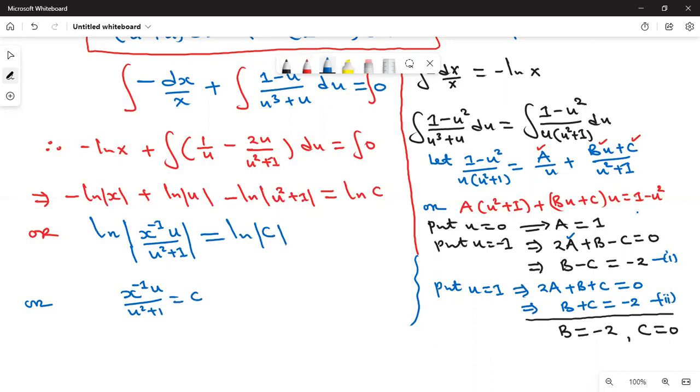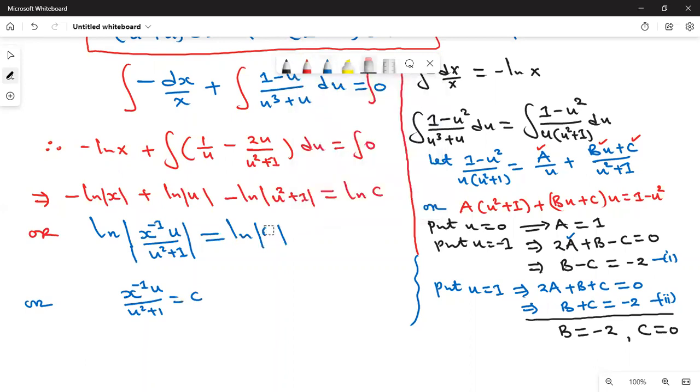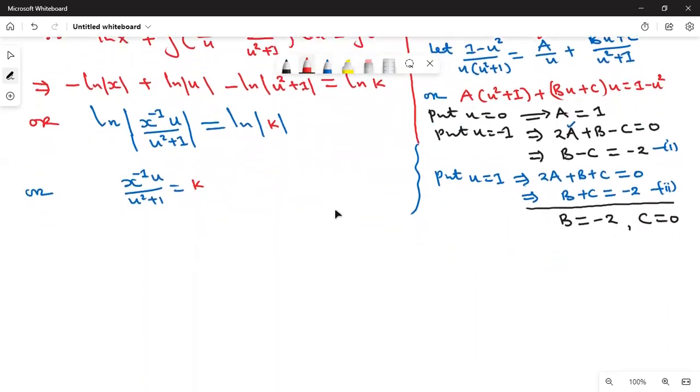Now, let me not use c because already we have the constant c. Instead of using c, we can change it to k because already we have c in the given family of curves. So where there is c, let's just replace this by k. And finally, replace u.